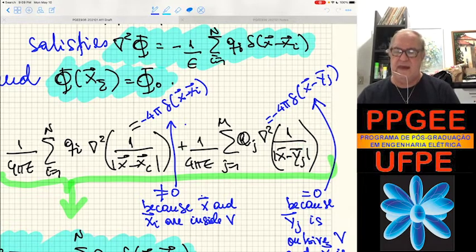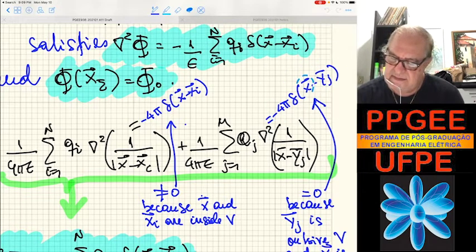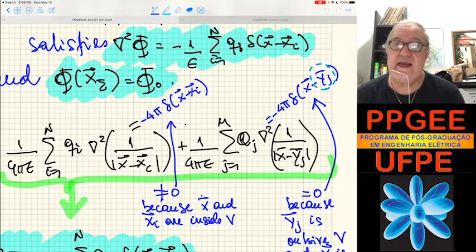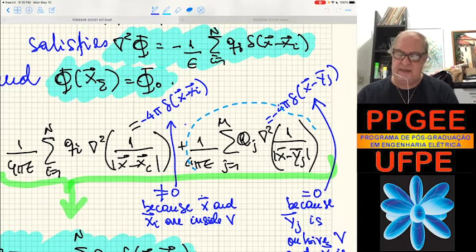So in the domain, which is the region enclosed by sigma, this will be, in fact, minus 4 pi delta of x minus yj, but yj is outside of the region, and then the delta function is going to be 0. So the contribution of the image charges to the Laplacian is 0.